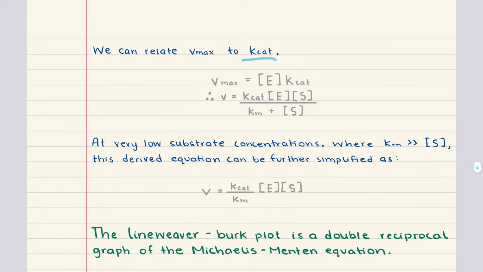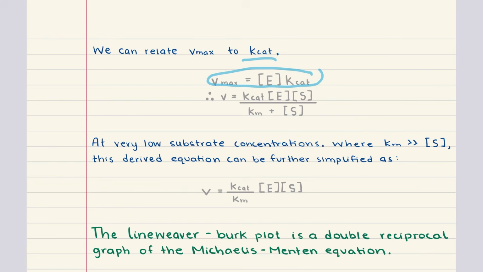This is known as the turnover number. This tells us how many substrate molecules one enzyme molecule can convert into product per second when the enzyme is fully saturated. We can go ahead and relate Vmax to Kcat using the equation you see right here.